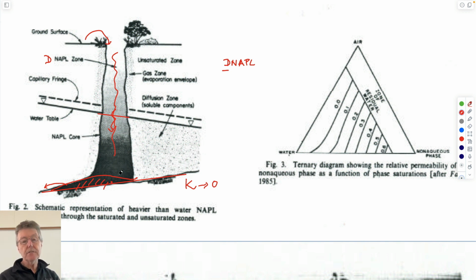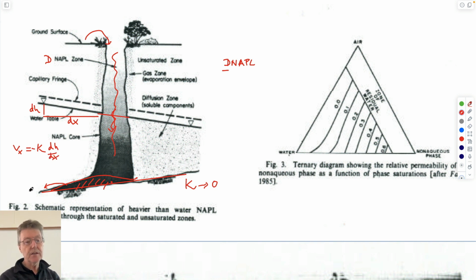The natural mechanism by which it will transport is that, in this case, this now is your groundwater table. This is your gradient of head. The velocity of the flow within that is going to be given by the hydraulic conductivity times this gradient.